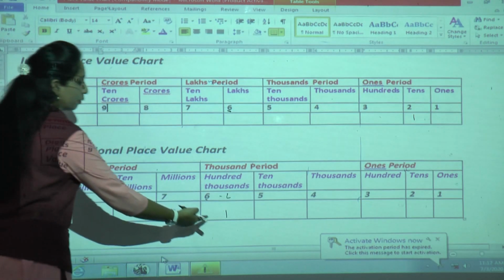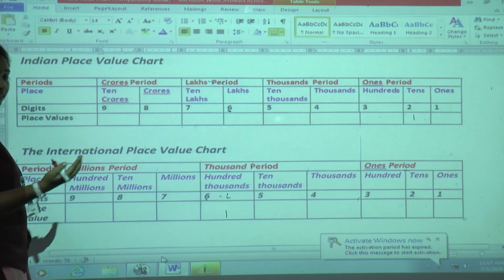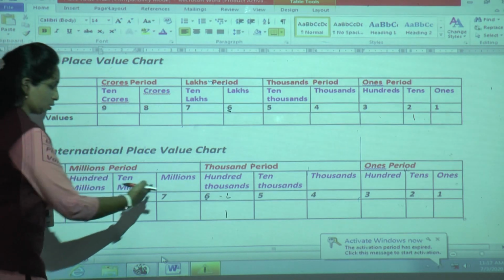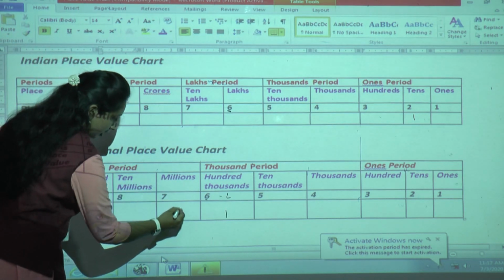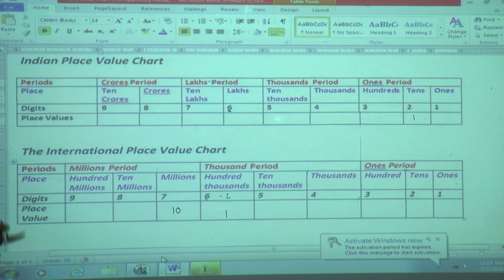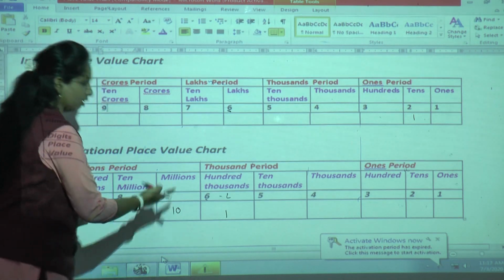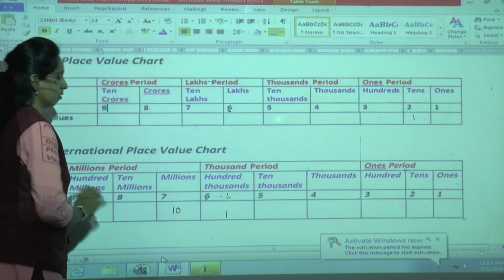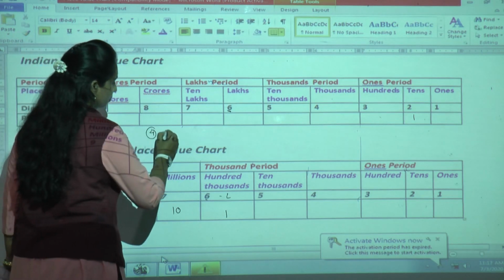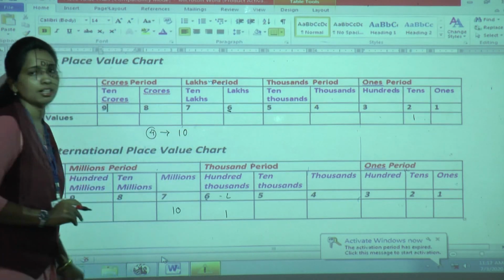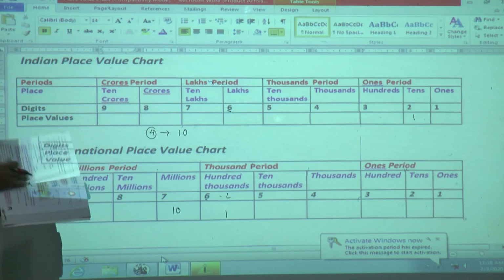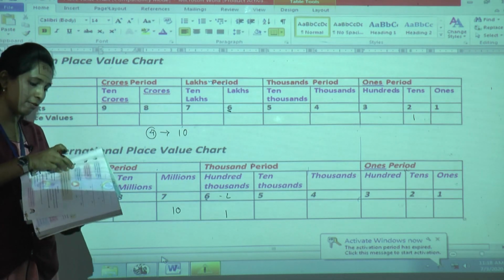So we want to make lakhs. How many lakhs make million? So million is next to this only. So automatically 10 lakhs means 1 million. So what is the fourth one answer? 10. Getting? Now turn the page, page number 14.